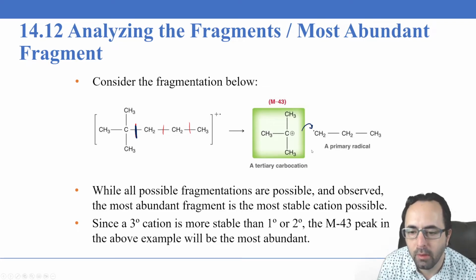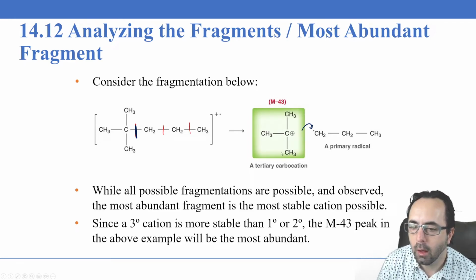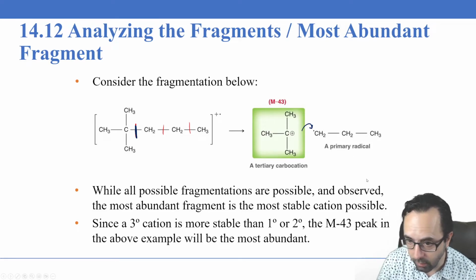And we know about the relative stability of tertiary carbocations. So we expect to see a rather large peak here because it will be quite stable to produce this tertiary carbocation, and it will be produced in a much greater fashion here. There will be much more of this tertiary carbocation versus these other less stable carbocations produced. And so this would give us an M-43 peak due to the loss of the propyl radical.